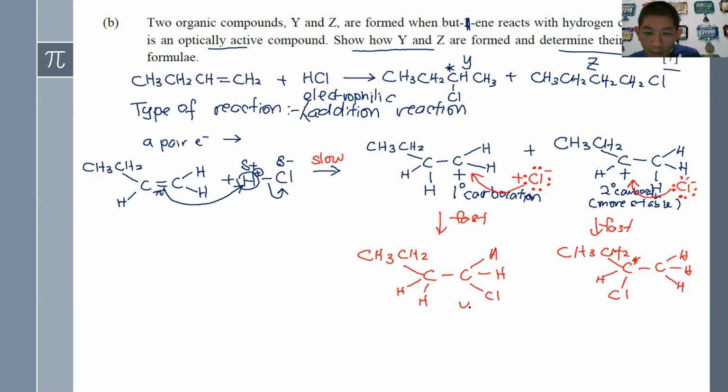So this is your Y and this is your Z. So that is how you are going to propose the mechanism for these electrophilic additions of the hydrogen halide to the alkenes. I hope that through this question, I am able to show you how to write the correct mechanism for the reaction. For more information, you can always refer to my books for how to propose the mechanism. So with that, that is for essay question number 3.